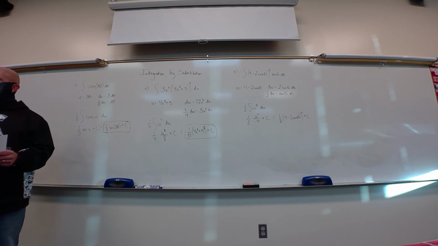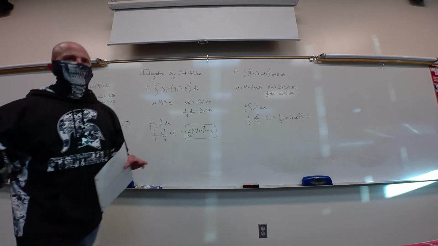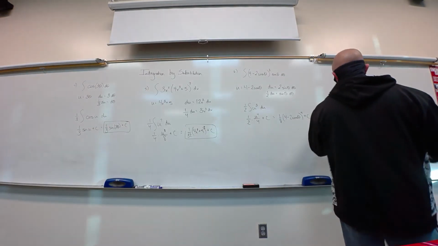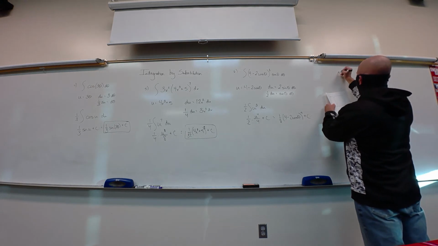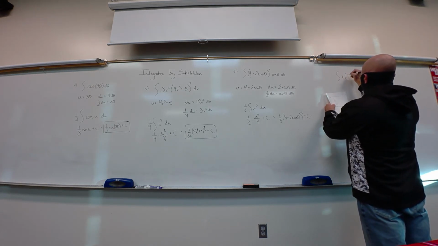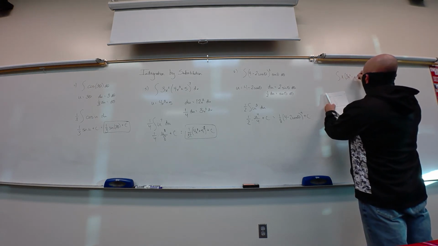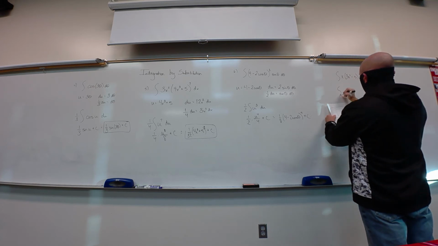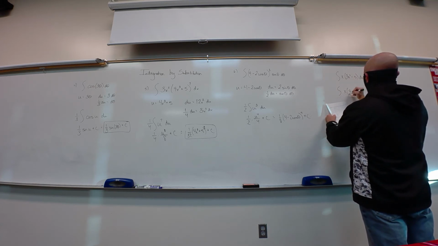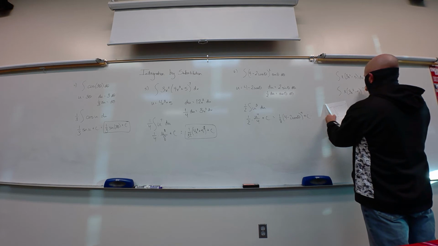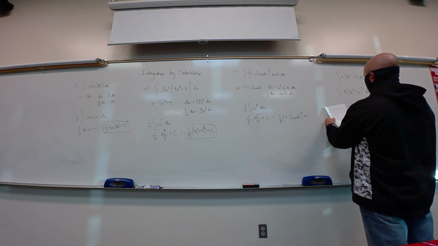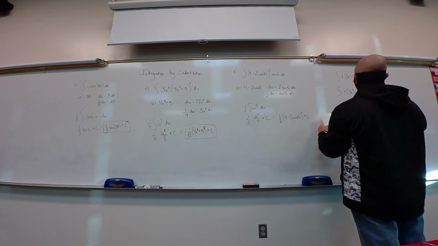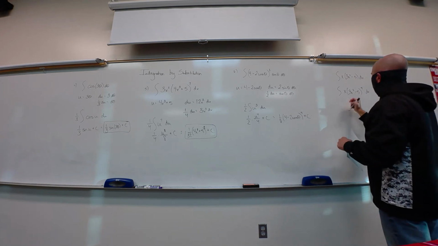Are you okay there? Now let's make sure we're understanding the difference here. You don't need to write these down. I just want to look at a few problems here. If I give a couple different examples up here, we're just going to kind of look and say substitution or not substitution. All right.